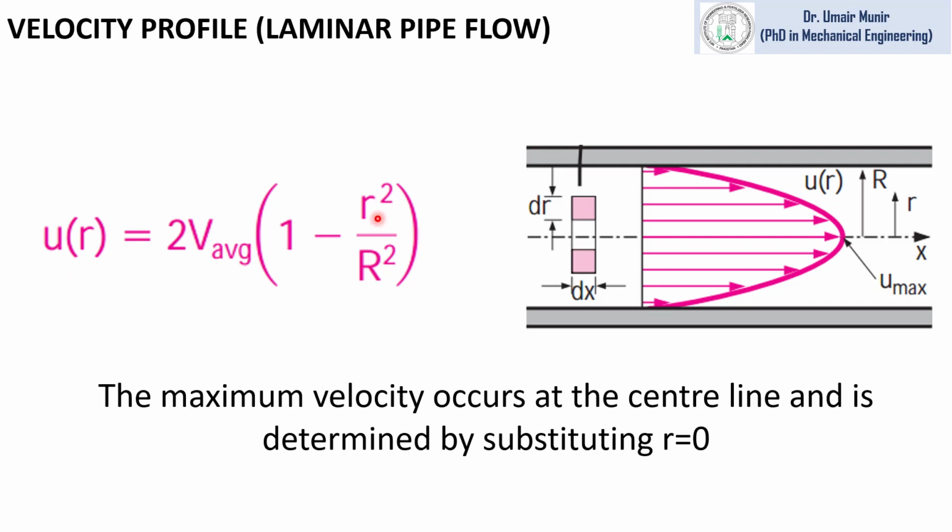In this expression, if we put in the value of small r equal to 0, that means we are at the center line, we will get the maximum velocity. And if we put the value of small r equal to capital R, that means we are at the wall, and at the wall we will get the velocity equal to 0.